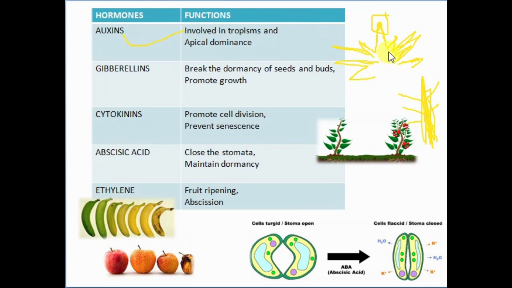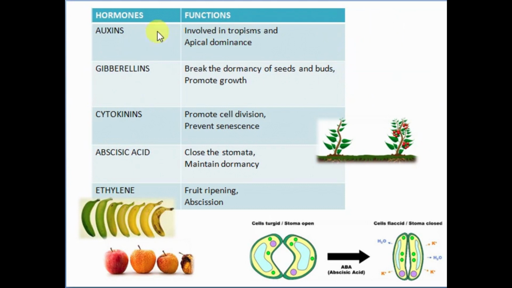So auxins promote growth in this way. If we have a long tree, it means the auxins are very active. And if we have branched trees, it means auxins have acted on all the branches also.